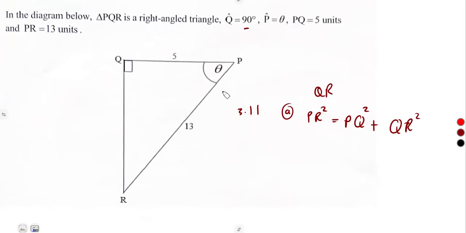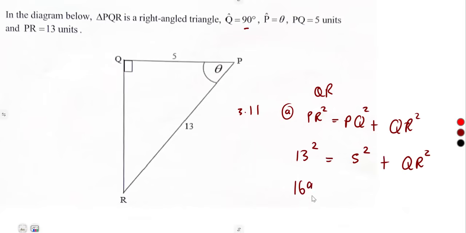So we have PR, which is 13. So that's 13 squared is equal to PQ, which is 5, so 5 squared plus QR squared.